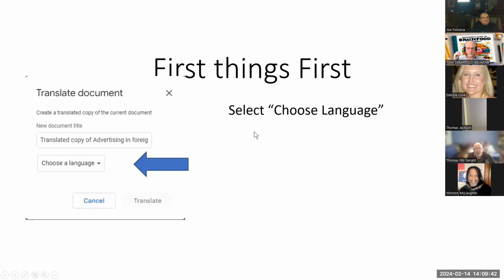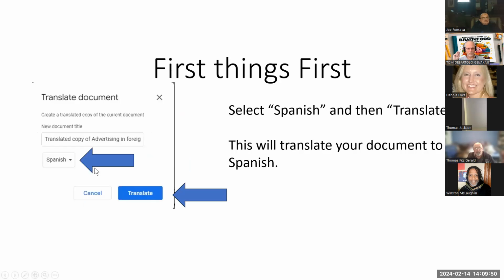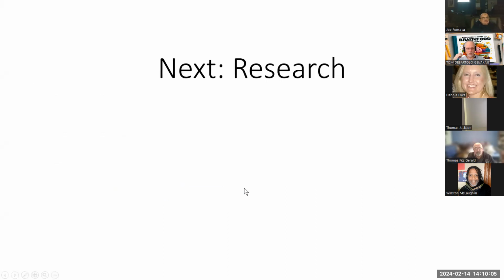Then choose the language you want to translate to. In my case, it's Spanish. Then click the Translate button, and it's going to translate your document into Spanish.